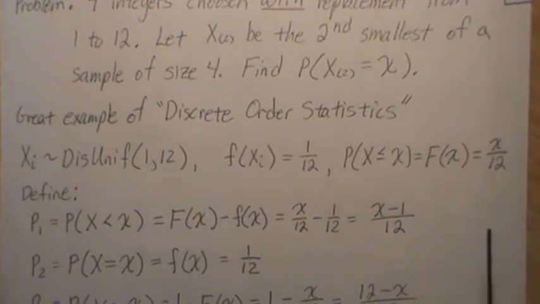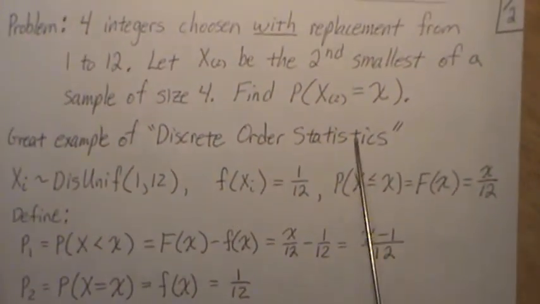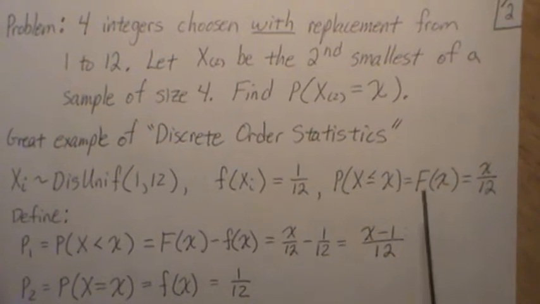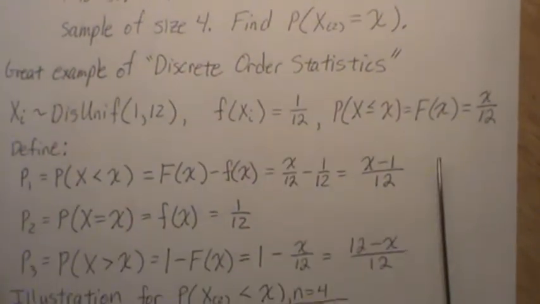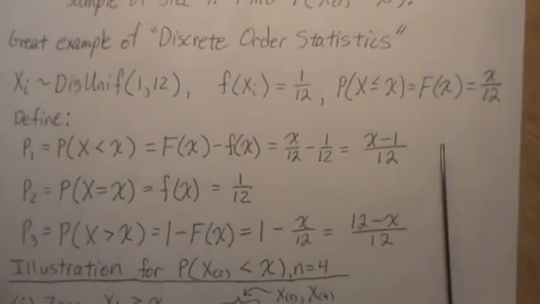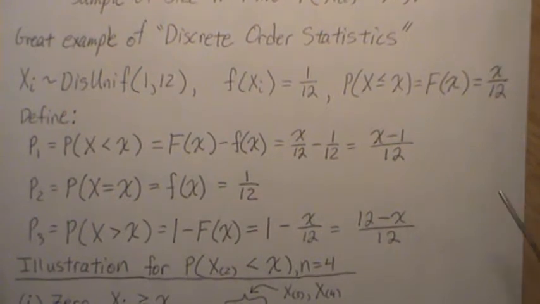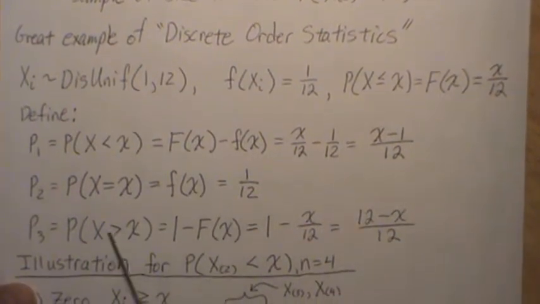To find this probability, we need to define 3 pieces of information. Initially you'll wonder why we're doing it, but it'll all come together.